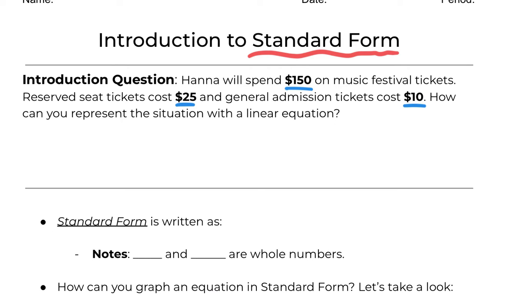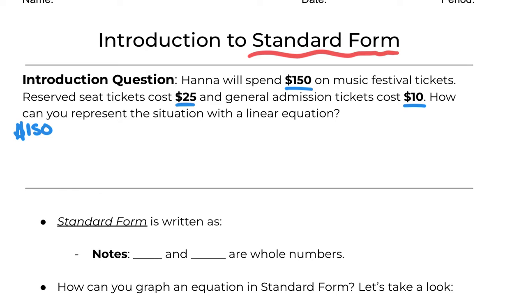Well, let's first organize our information. Hannah wants to spend a total of $150. That's what she's willing to spend. There are two different types of tickets she could buy. She could buy reserved seats, which are more expensive, for $25, or she can get general admission tickets for $10. Since those are two different things to buy, they cannot be represented with the same variable.